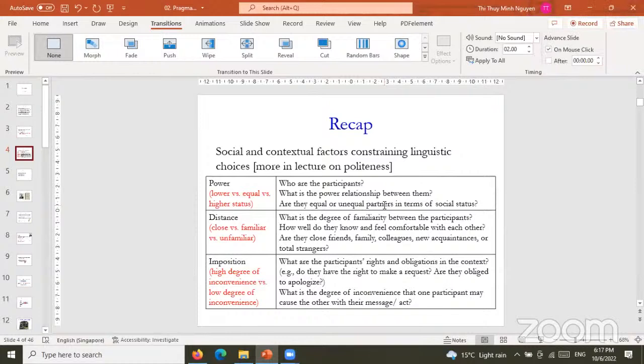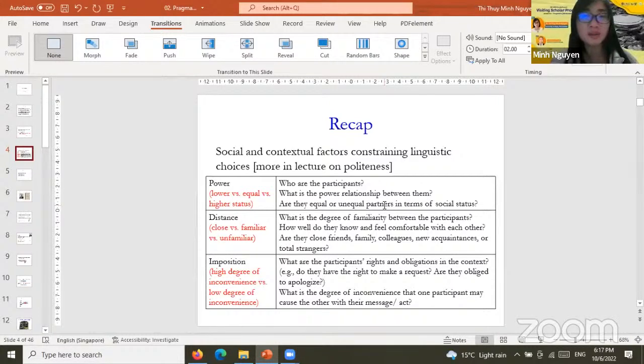For example, teacher and students: the teacher has a higher social position compared to their students. Or a manager versus an employee: an employee has a lower social status compared to a manager. So when we talk about power, we mean the social relationship, the social status, and the social position between the participants in conversation.